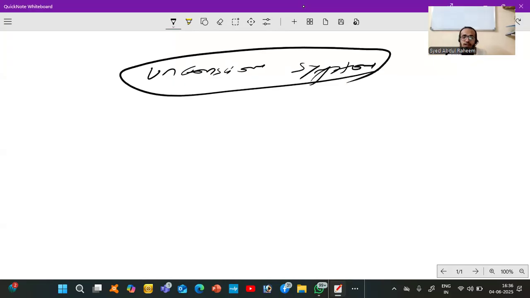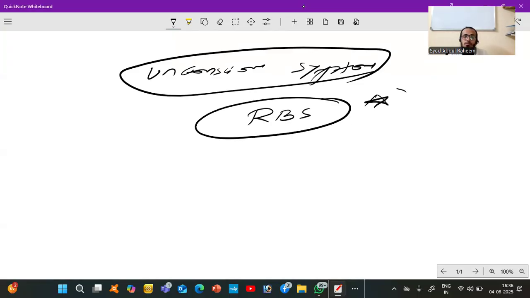So in that, there is another test we have to do, that is RBS. Very, very important thing you have to remember whenever the patient has any type of unconsciousness. RBS is very, very important, random blood sugar.